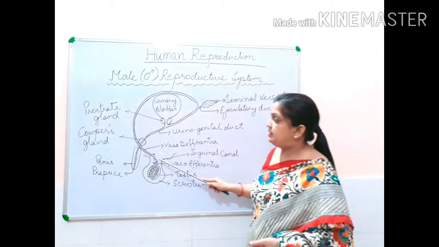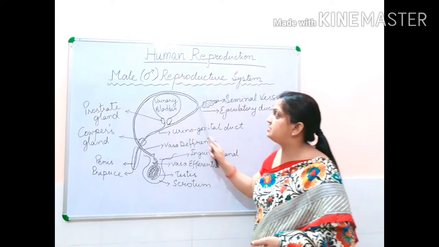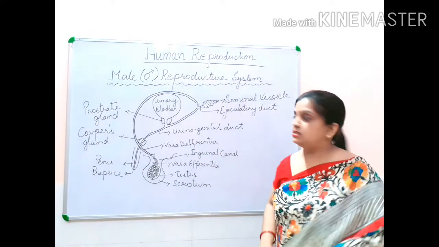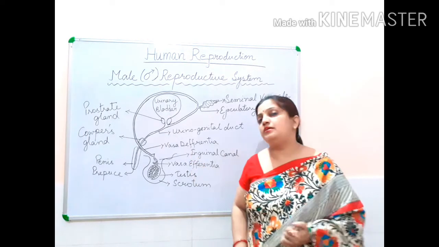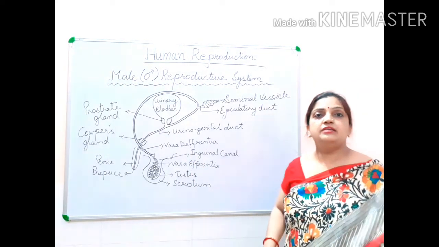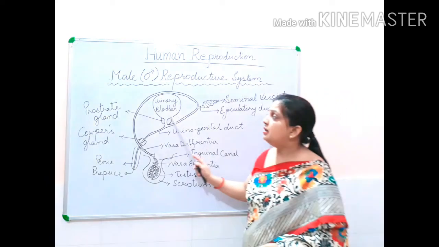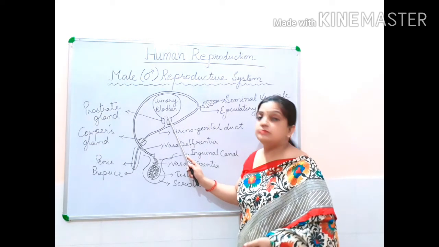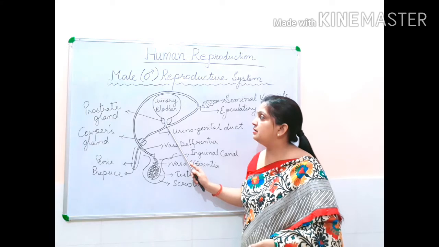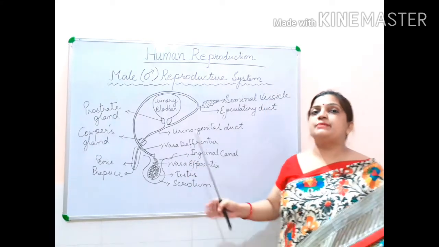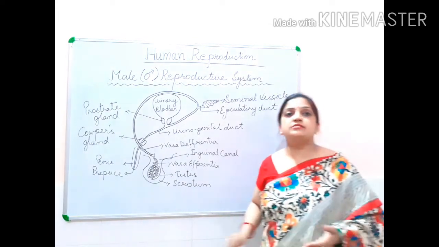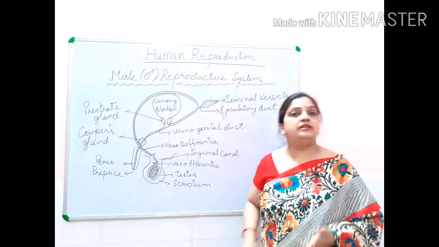Because this part of the vas deferens was a genital part, whereas the urinary bladder is a part where urine is stored. In the case of males there are no separate parts for the release of urine and the release of sperms.